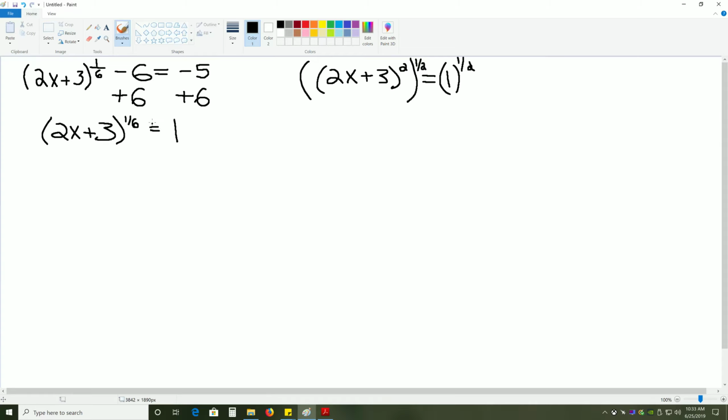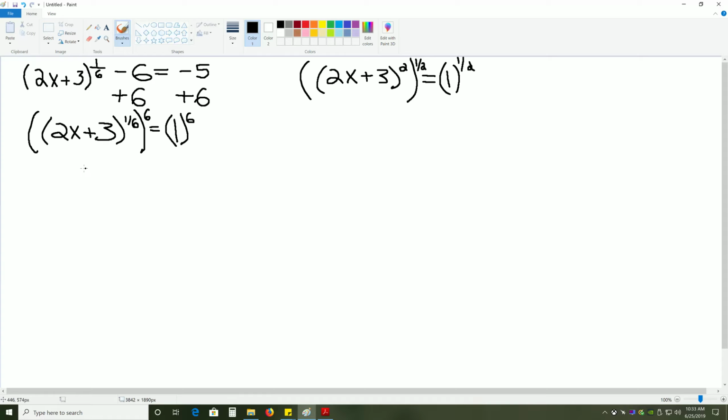So with that in mind, if we had a 2 and we raised each side to the 1/2, then with a 1/6, to get rid of that, we have to raise each side to the 6th power. 1/6 times 6, because we're raising an exponent to another exponent, we multiply them, just gives us 1.